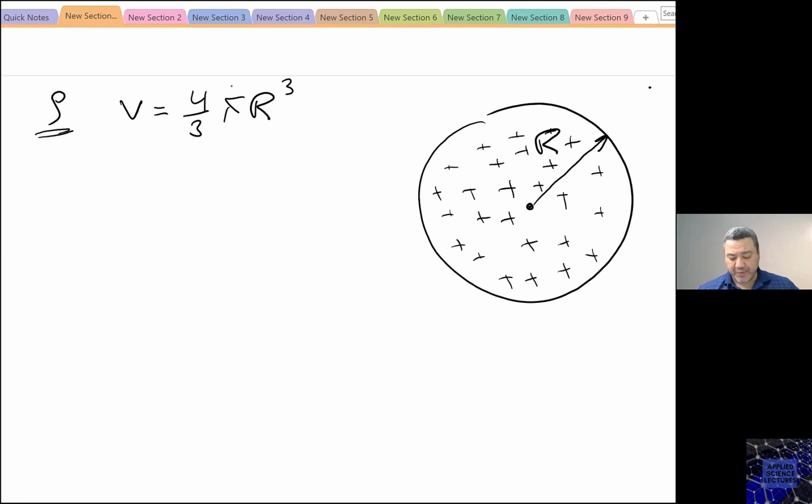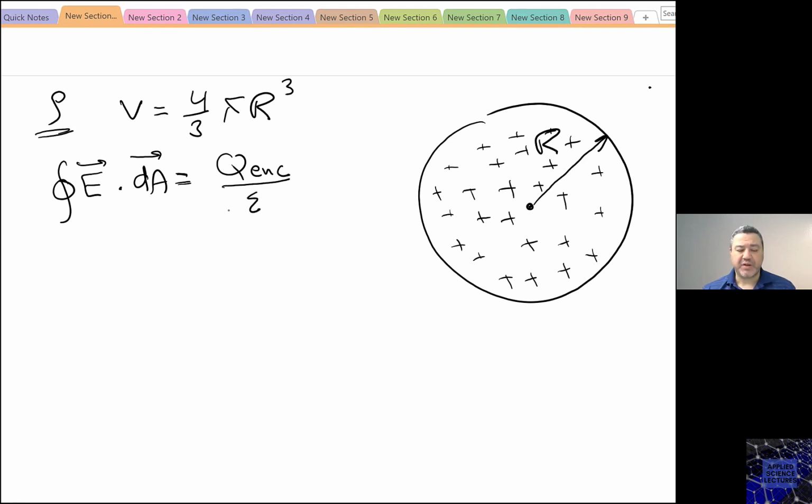Now, what's going to happen is the following. If you recall, when we wrote Gauss's equation, it says that the closed surface integral of the electric field over that surface equals Q enclosed divided by epsilon.